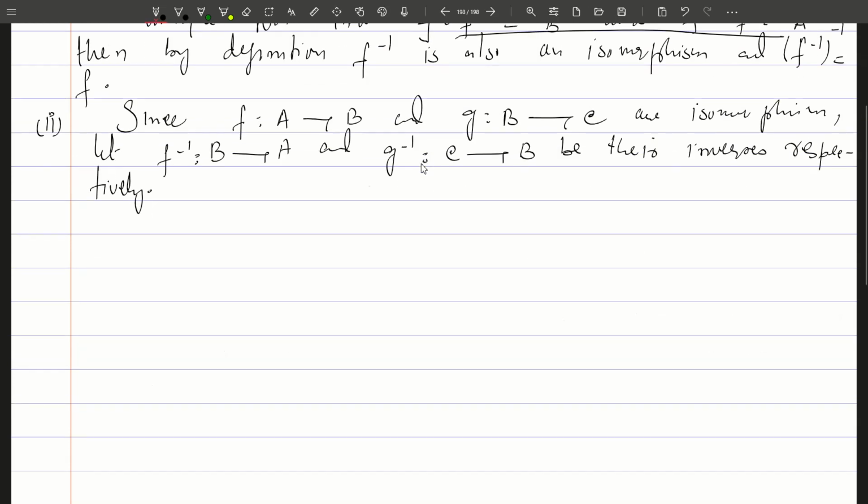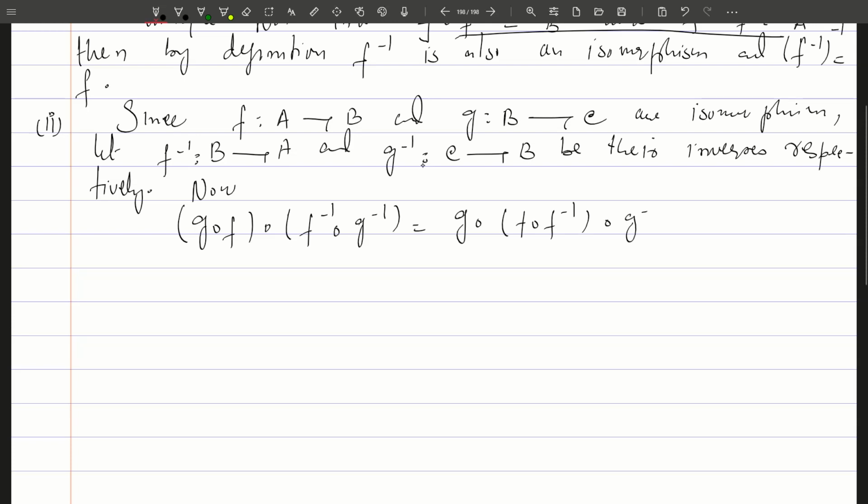Now, to prove the composite map g composite f is an isomorphism, we claim its inverse is the map f inverse composite with g inverse.